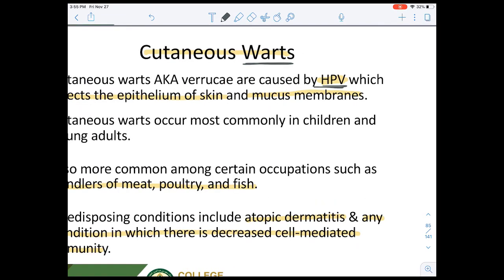So HPV, we know that it can cause laryngeal carcinoma. Why laryngeal carcinoma? Because in the larynx you have a specific area that has a squamous epithelium, and that area specifically is susceptible to being infected by HPV.